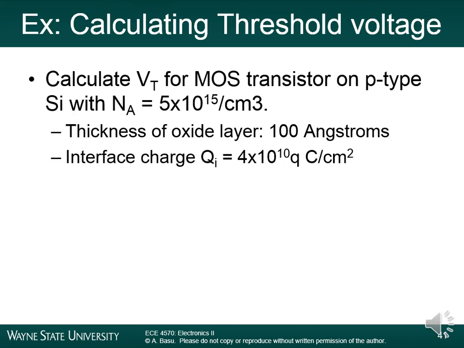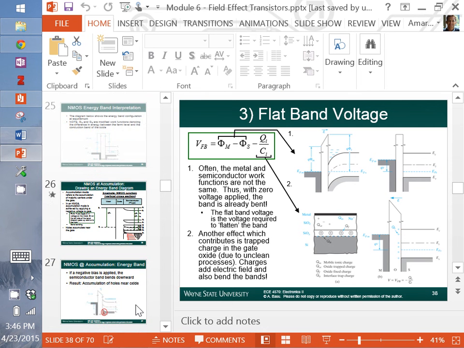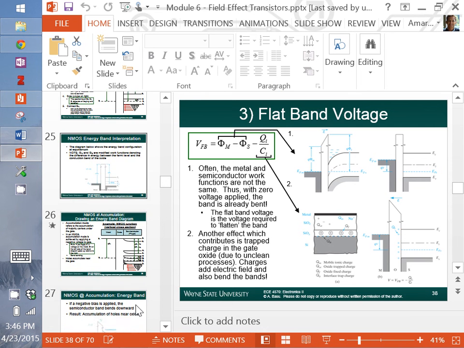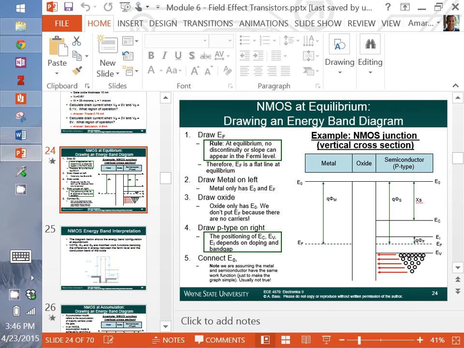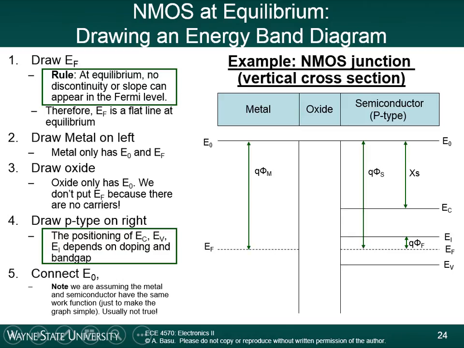So this whole time we've been drawing a lot of energy band diagrams. That's what we did all of last class. But remember that all these energy band diagrams that we drew were in the metal oxide semiconductor direction. So this was the vertical cross-section of the MOSFET. We were going from the metal to the oxide to the semiconductor.